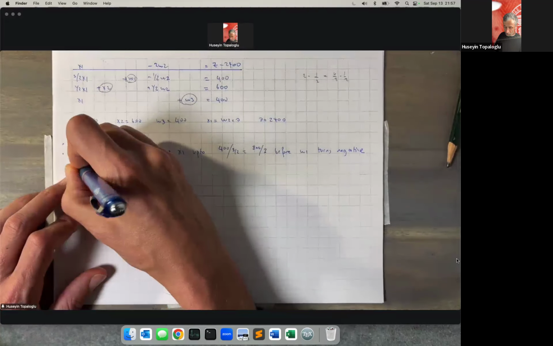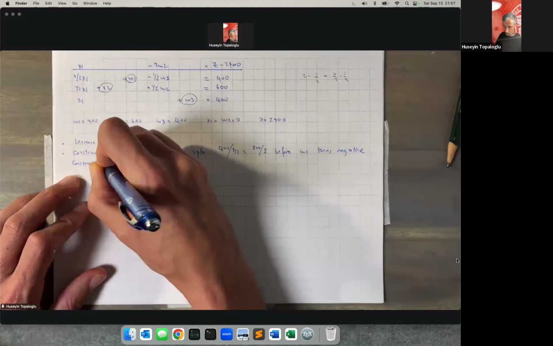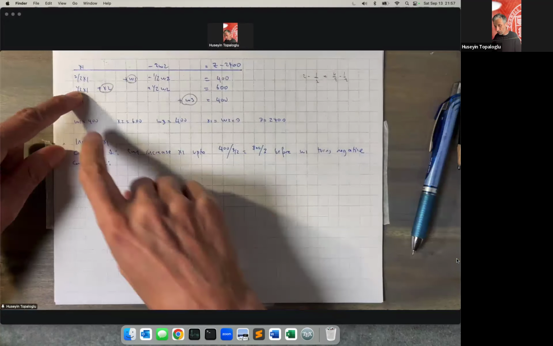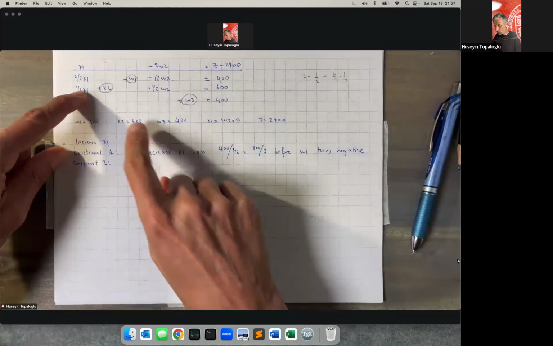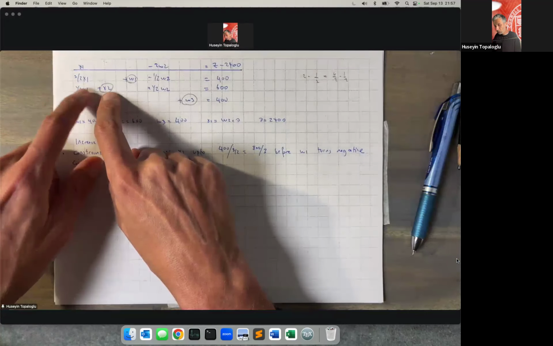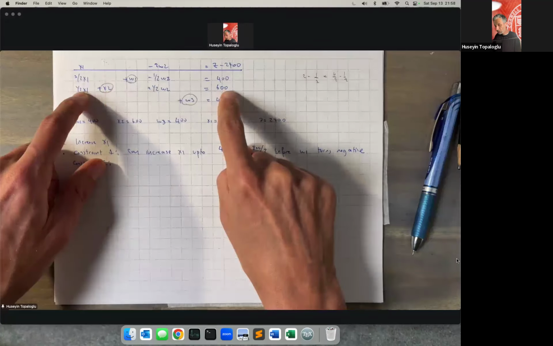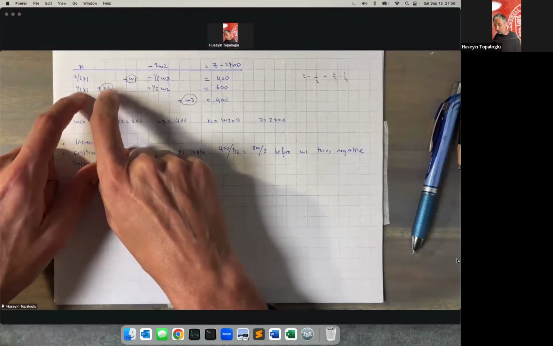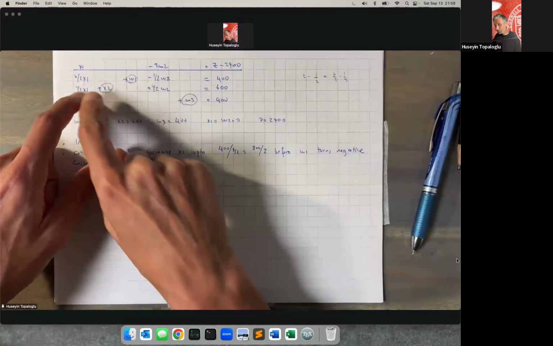What's happening in the second constraint row? Right now in the second constraint row, I'm increasing x1, and x2 is 600. So this is 0, this is 600. If I increase x1 to 400, then 400 divided by 2 is 200. Then this has to be 400, so that they add up to 600. If I increase x1 to 1000, then this is 500, this should be 100, so that they add up to 600.